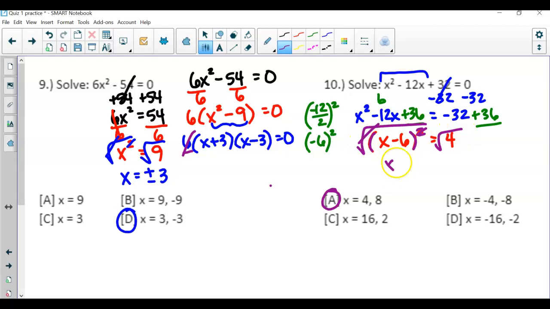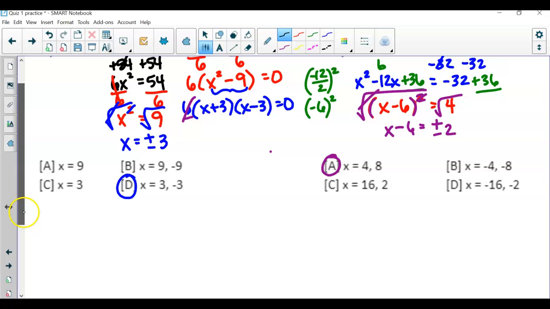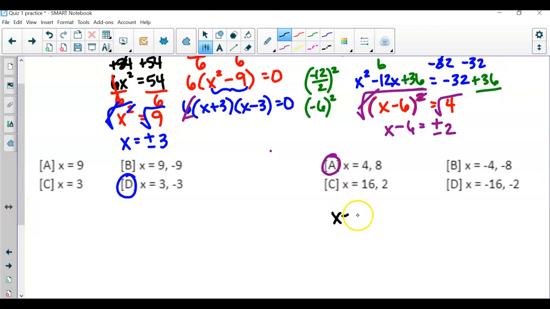Now I've got x minus 6 is equal to not just 2, but positive and -2. So when we're solving, we have our two equations. I'll write it below. We have x minus 6 is equal to +2, and x minus 6 is equal to -2, from our positive and -2.